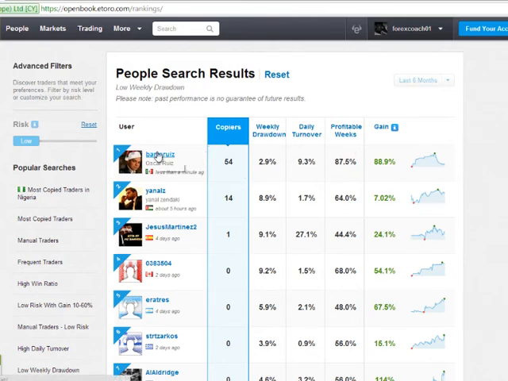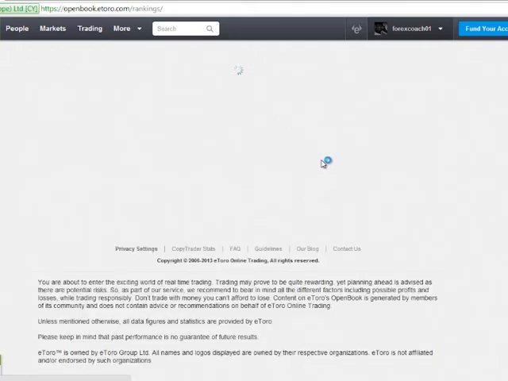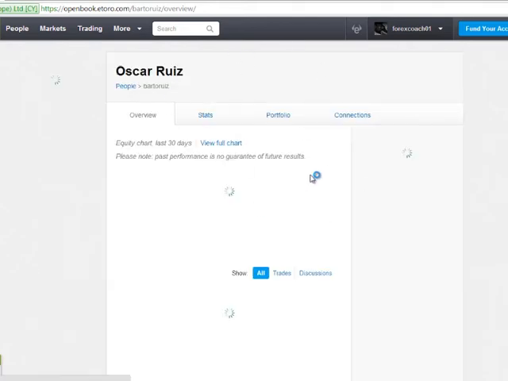This trader is okay for me if I'm ready to copy, because there doesn't seem to be any trader with above 100 copiers here. So I want to check more information about this trader's activity so I can tell if this trader will be worth following or not.